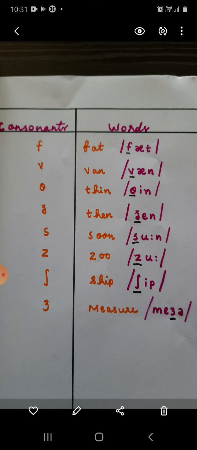So you find out your own examples using these sounds. And how to write the word van: opening the slashes, then phonemic symbol V, then the A sound. A is a combination of printed A and E, A sound. Then we are ending with N sound, van. Clear? Closing it with slash.